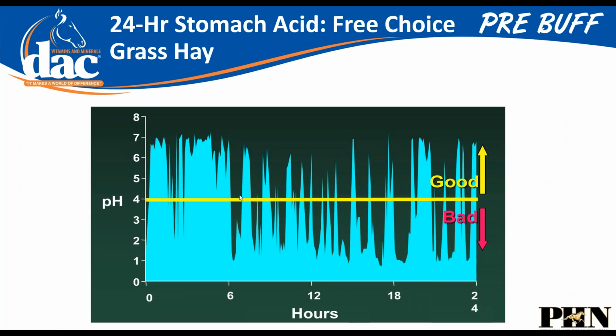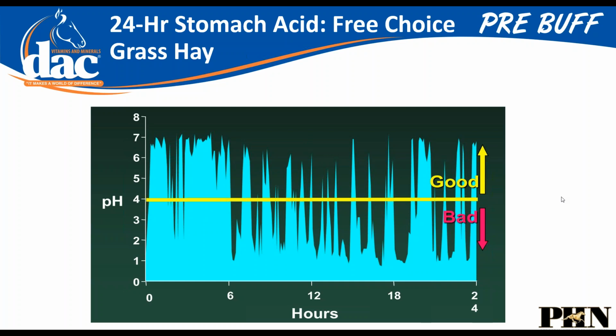So I want to just show you a slide that I've shown most of you before. This was a study looking over a 24-hour period, looking at the stomach acid in horses when they were fed free choice hay. And you can see here a pH of 4. Now, that's where we want to keep the acidity.